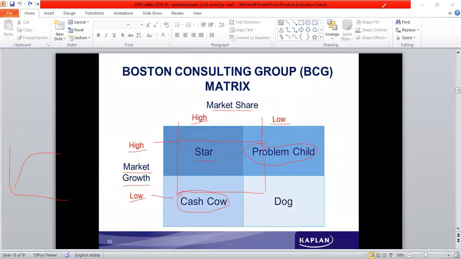Generally, if they fall into the category of dogs, dogs are abandoned. For a business unit also, they would just shut down their business. There is no scope. As of now, they have not achieved anything. In that case, they do not have a sufficient amount of cash flow generated. That's one thing.